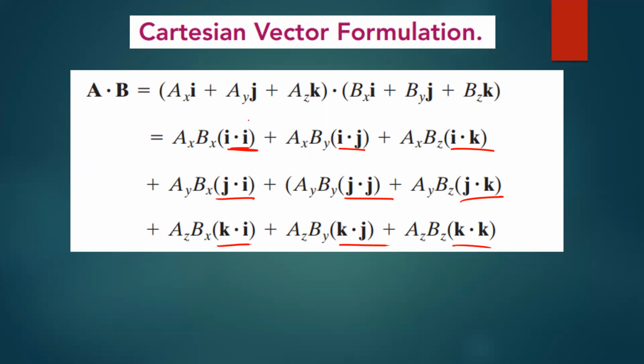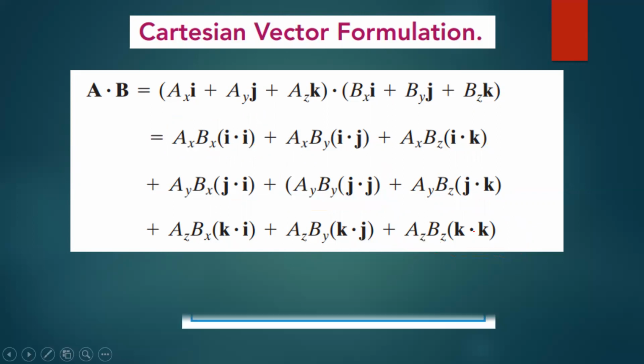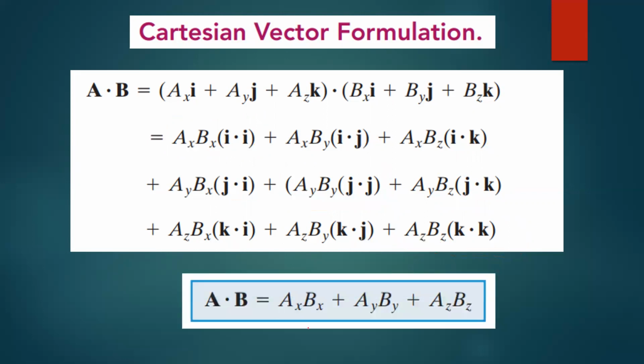We're going to remain with the terms that give us ones, and the rest of the terms are going to give us zeros. Each of these gives 1 times that. All right, so we quickly move on. This is the result you're going to get.